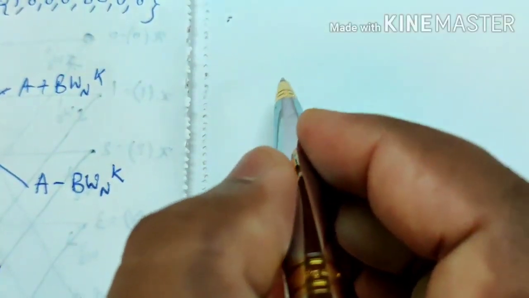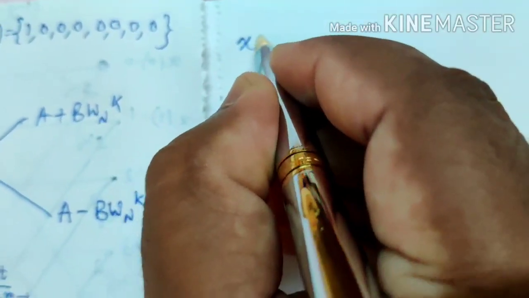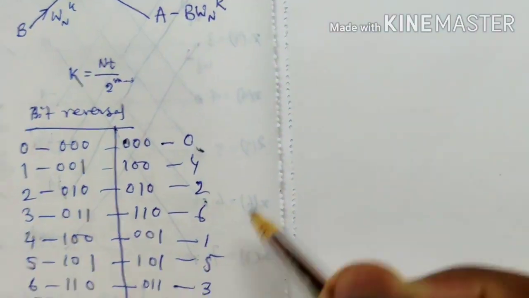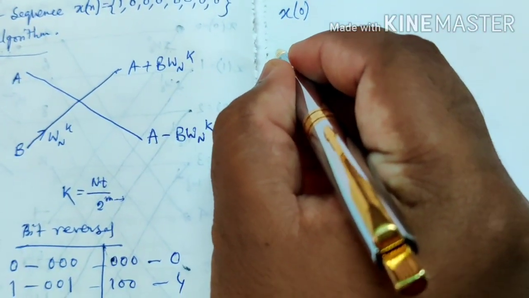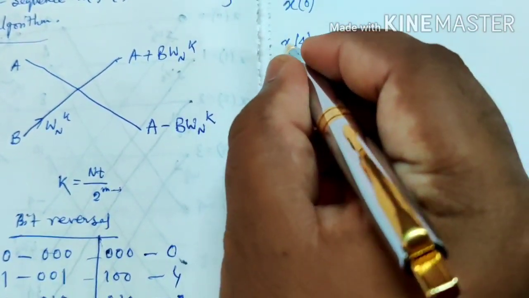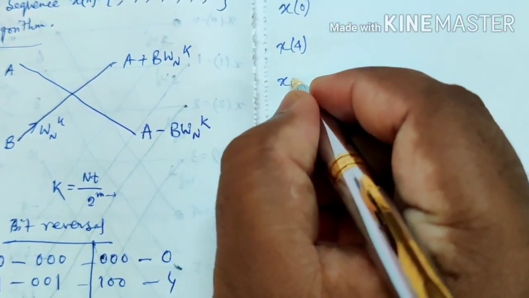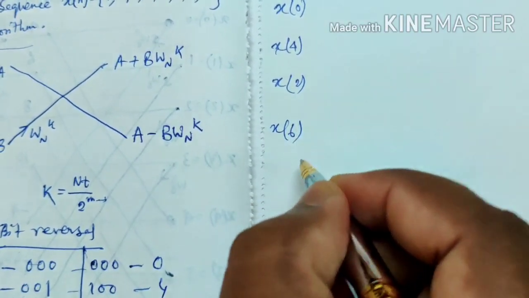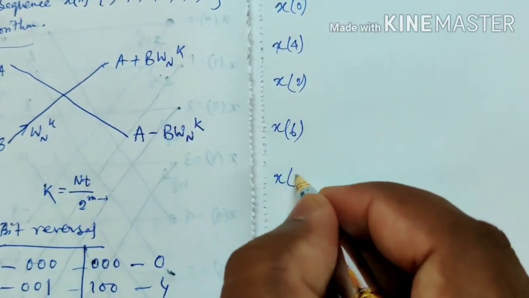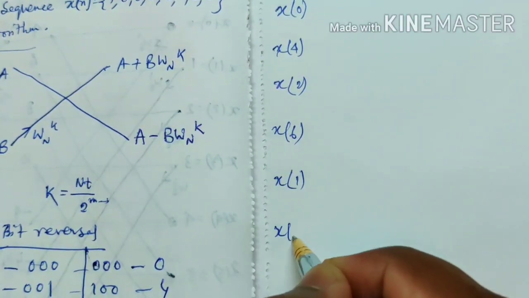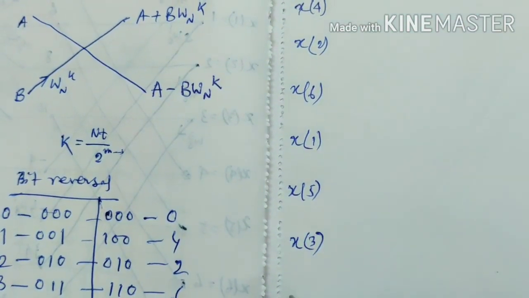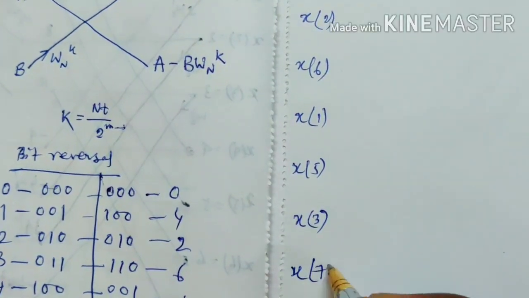So the input sequence in bit-reversal form is x0, then x4, x2, x6, x1, x5, x3 and x7.